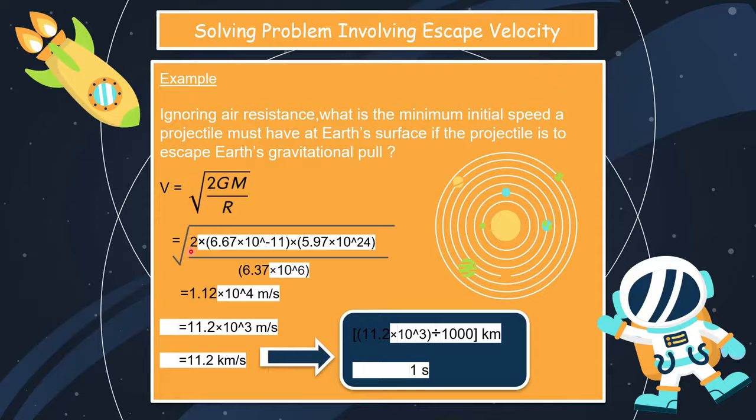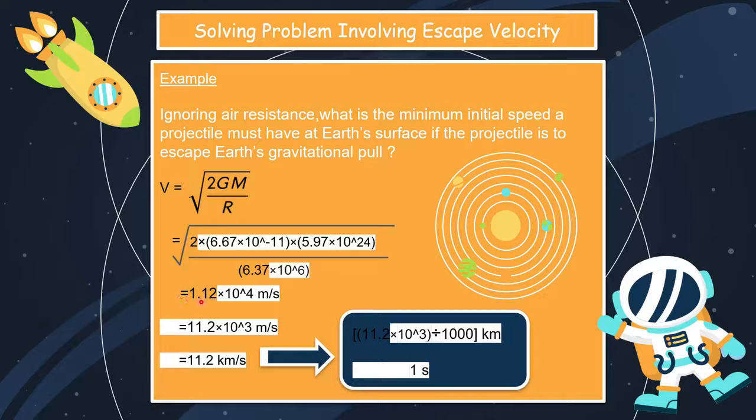So square root of 2 multiplied by 6.67 times 10 power negative 11 multiplied by 5.97 times 10 power 24 over 6.37 times 10 power 6.